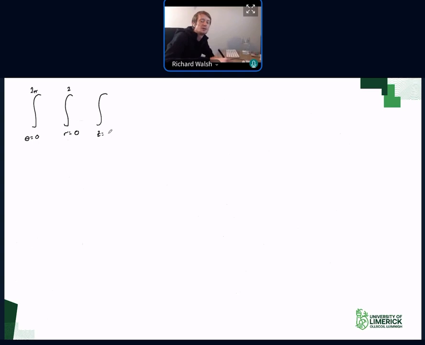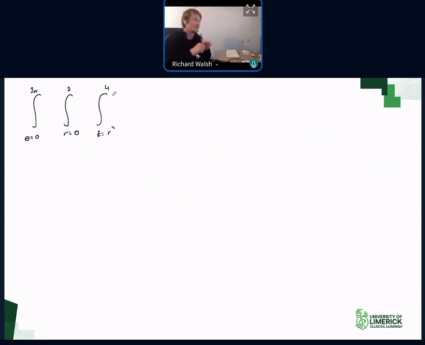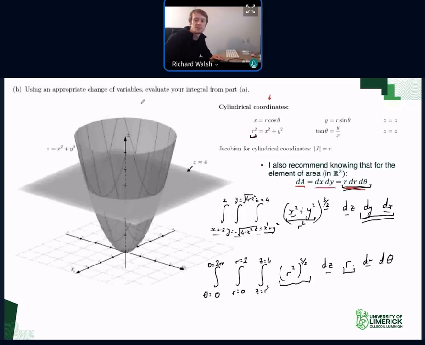And z was between r squared and 4. I always recommend you really should write z equals, at least on the lower limit. You can write them on both if you want, but r equals will be the next one, and theta equals on the last one. That's solely because you then know what limits they correspond to when you're subbing them in afterwards. So that's our limits set up.